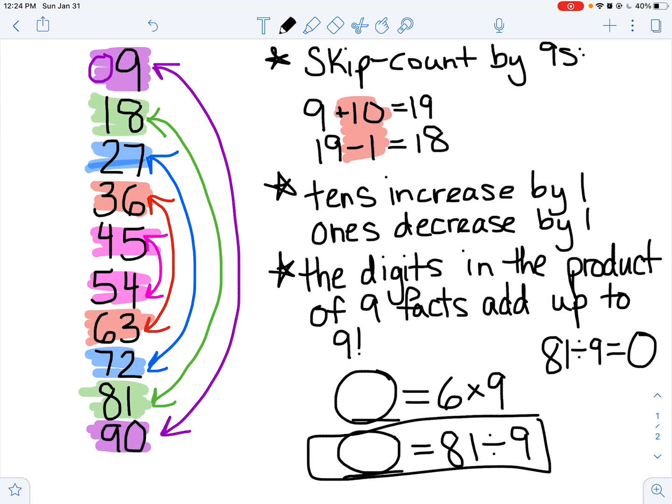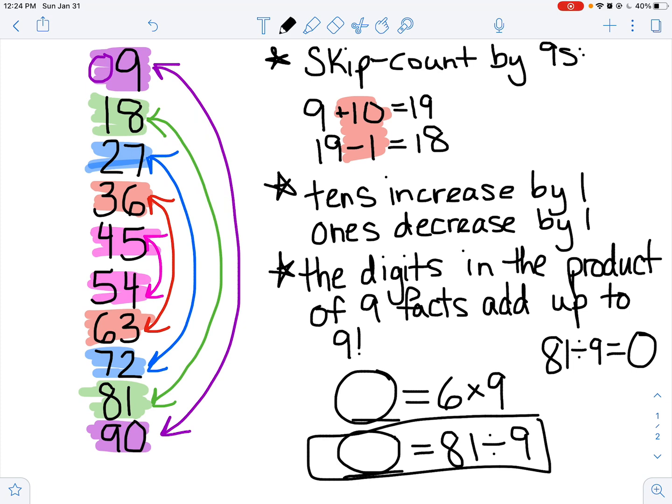Or did you like best that they kind of get swapped, right? And you have 9 and 90 and 18 and 81. Or did you like the fact that you can skip count by 9s easily by doing plus 10 minus 1? All of these are great 9 patterns to notice. I want you to show and tell me your favorite. So draw on your Seesaw as you're talking, just like I do here in my lessons for you.